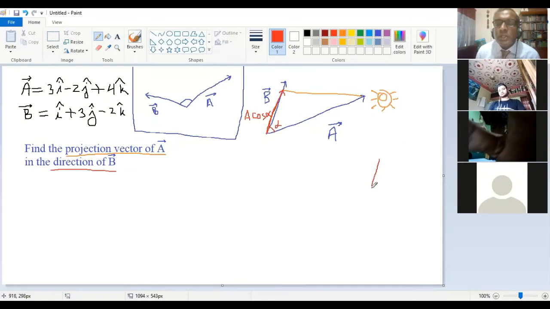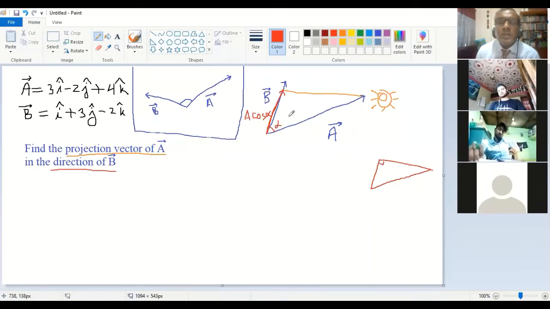If it is not clear, then you consider this triangle. This is the 90 degree angle, right? So if the triangle is called PQR, I am just naming it, and then you know what alpha is. This angle is alpha. So you want to find out PQ, right?